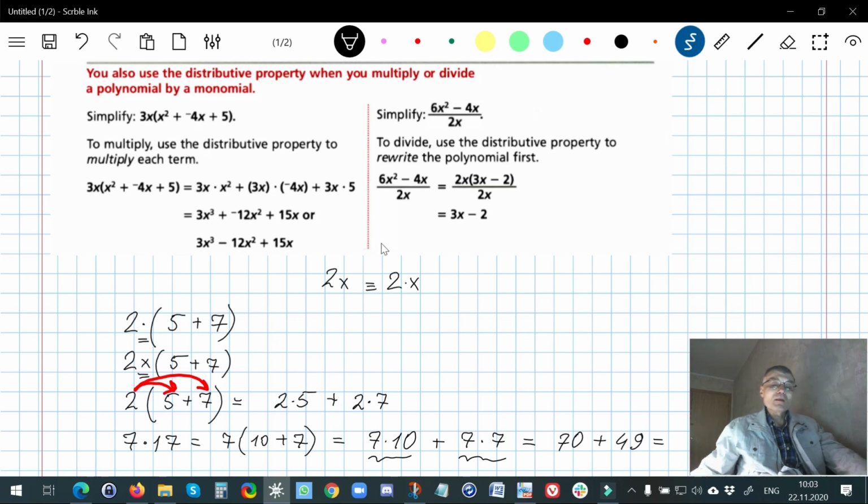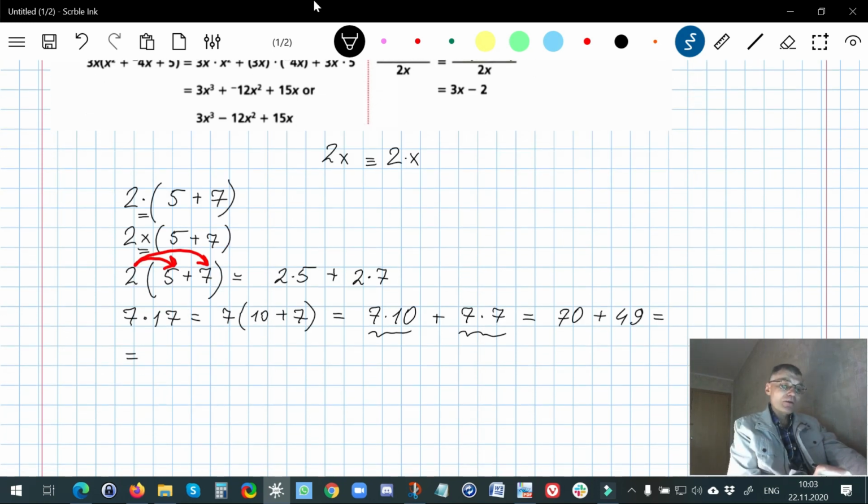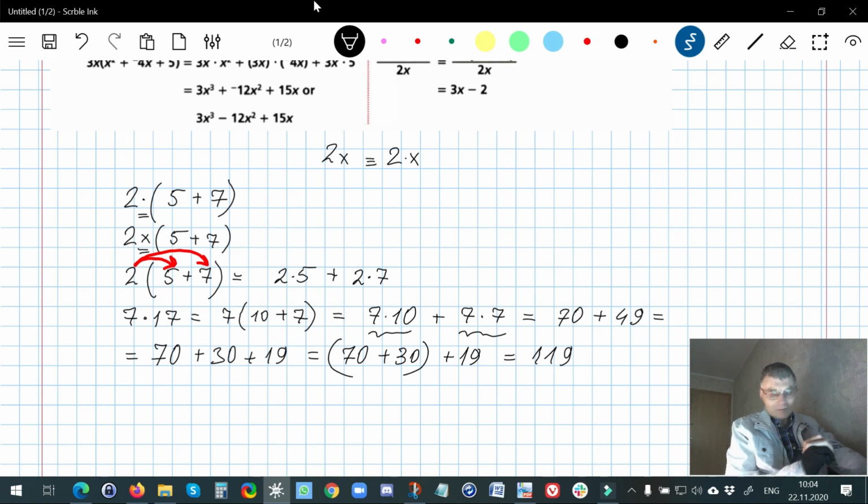And even then I add in a different manner. I write 49 as 30 plus 19, which gives me an opportunity to first add 70 plus 30 and then plus 19. It's 119. You would say, oh, it's nothing, I could do it mentally without those tricks.